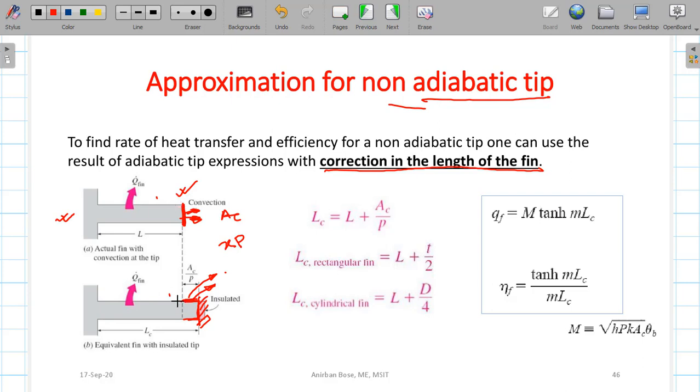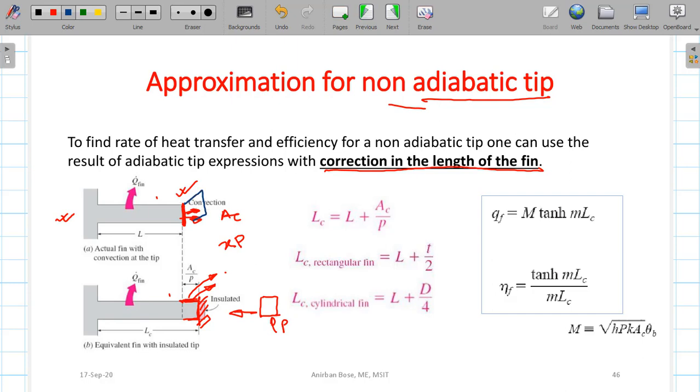X into perimeter is basically the surface area. If you see this from this side, maybe this is the surface area, that is P. So that P into x, if you just consider like this, then you will understand clearly.